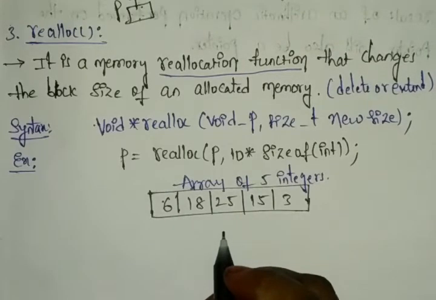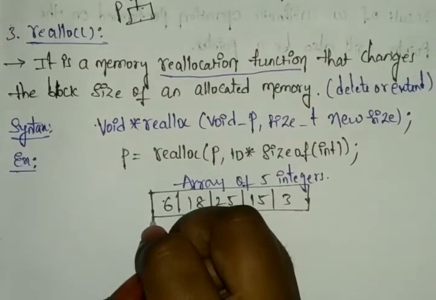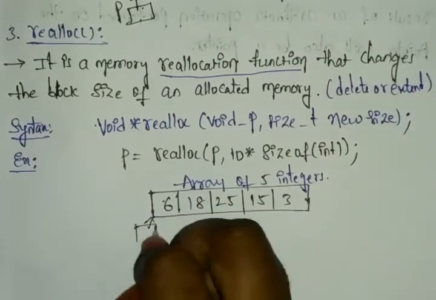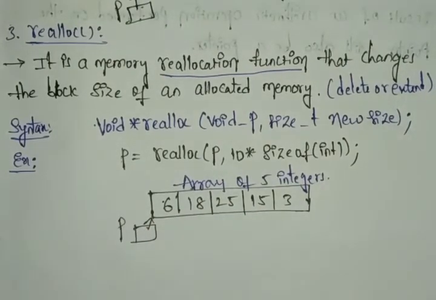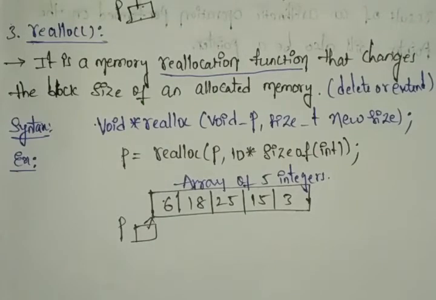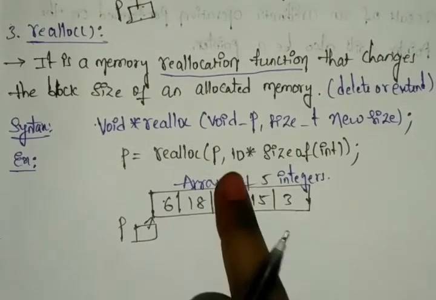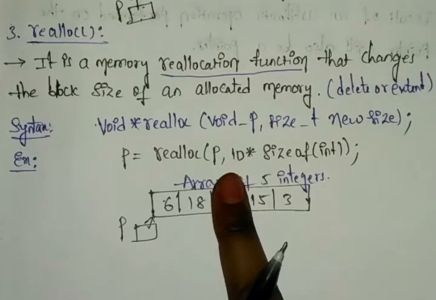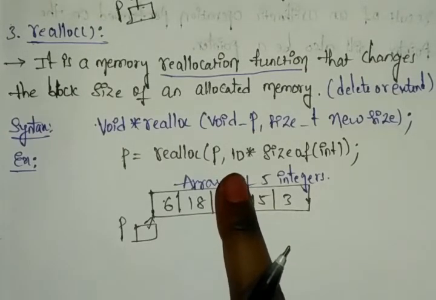This is our pointer, and it takes only 5 integers, but here we added the 10.